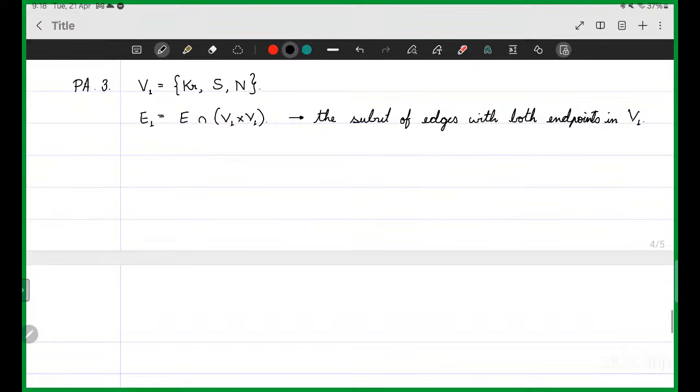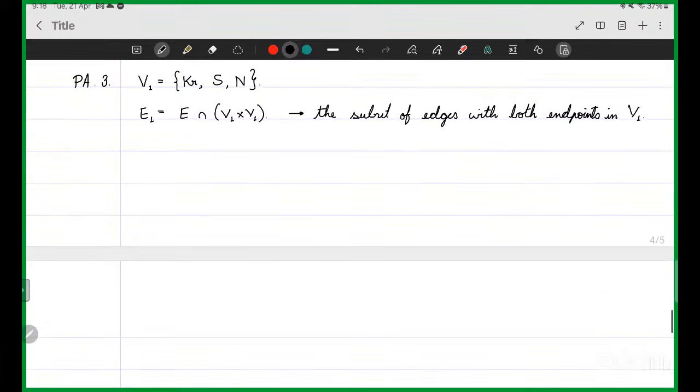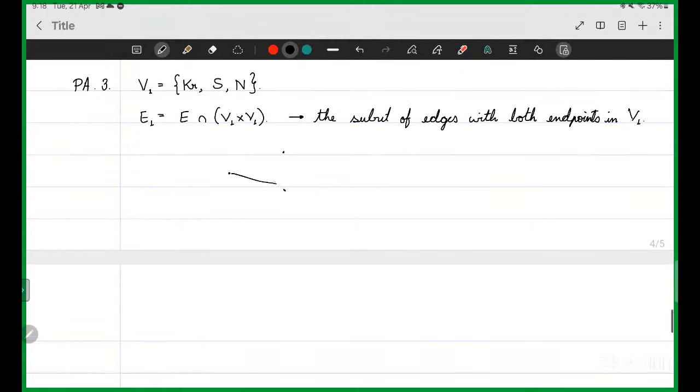So if you look at the original graph, maybe I'll just draw the original graph. I'll draw it very roughly.